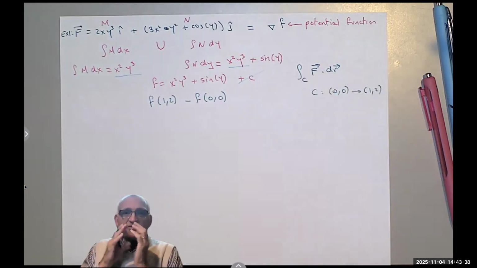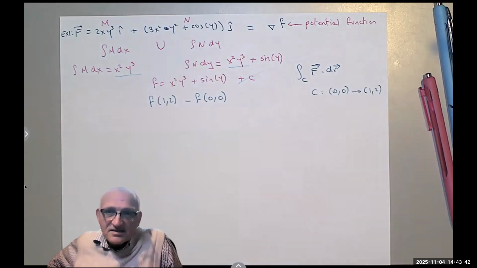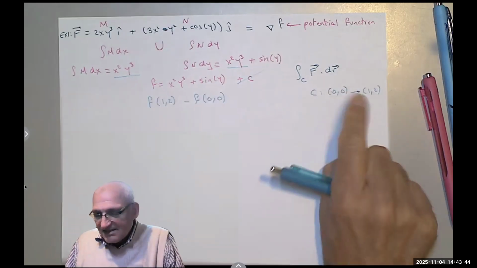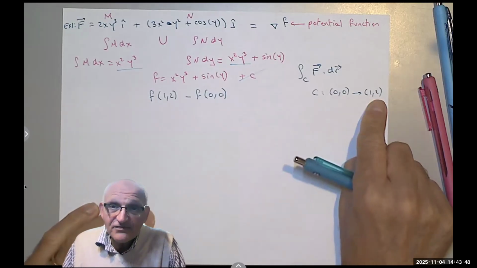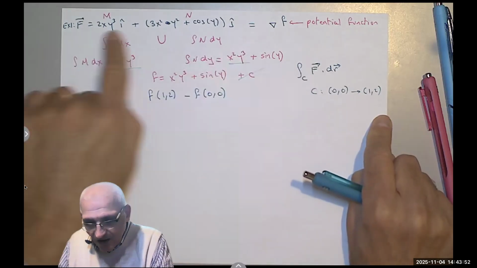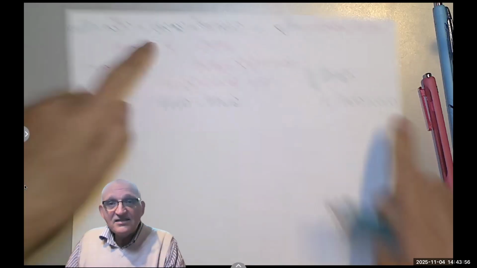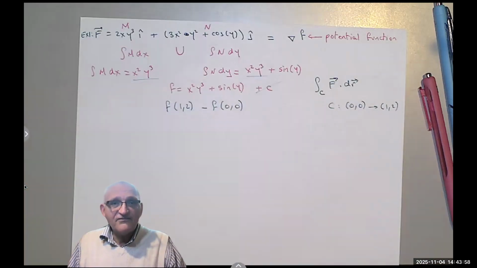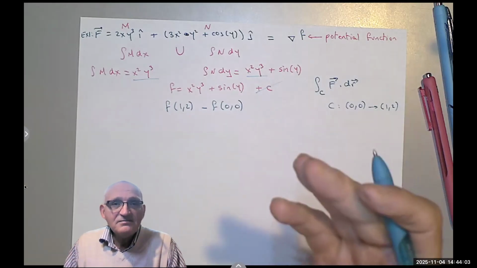There is no integration. Otherwise, I have to parameterize it, call it t, 2t, right? And then get the derivative of that, which is 1, 2. And then write F, all of this in terms of t, and then do the dot product between F and r prime. And then integrate. You see how many steps?